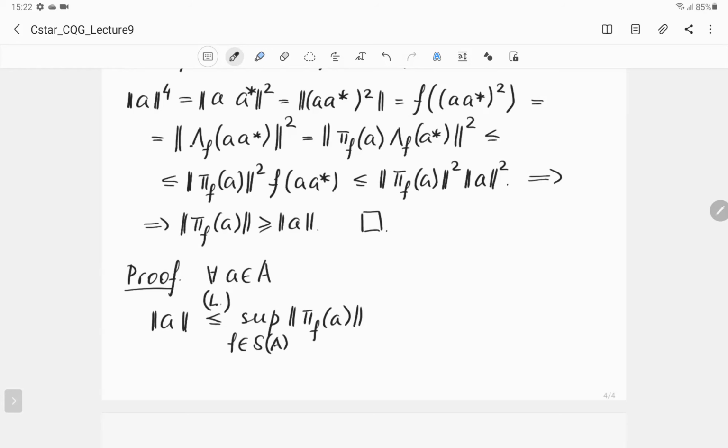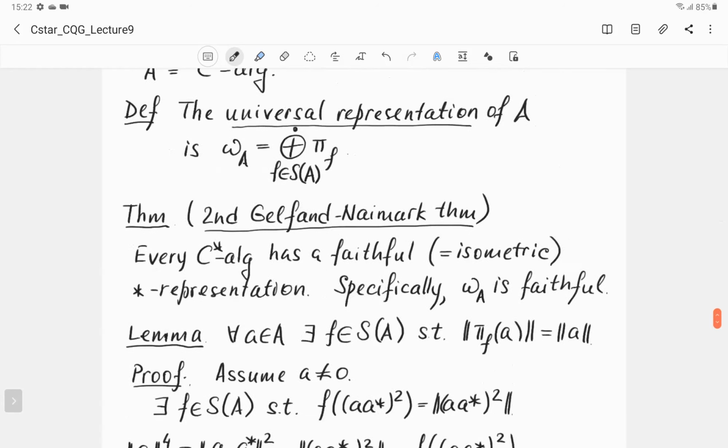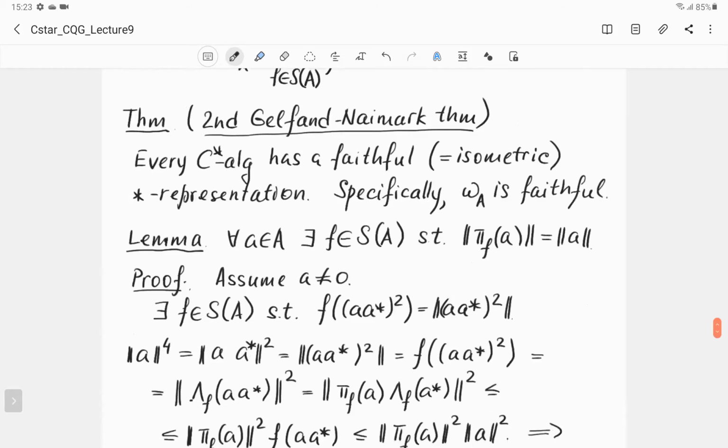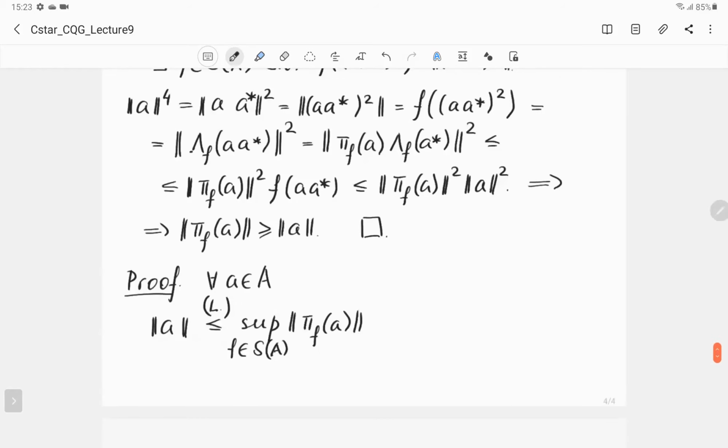But if we now look at the definition of the universal representation, this Hilbert direct sum, it's easy to see that the norm of omega applied to little a is exactly this supremum.